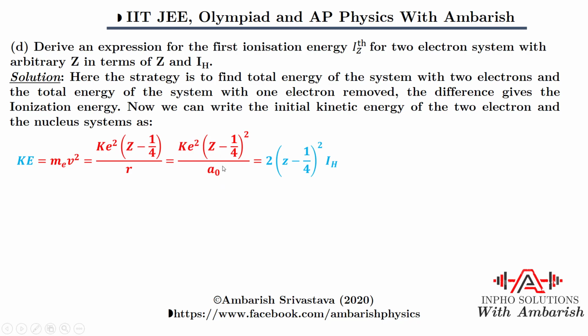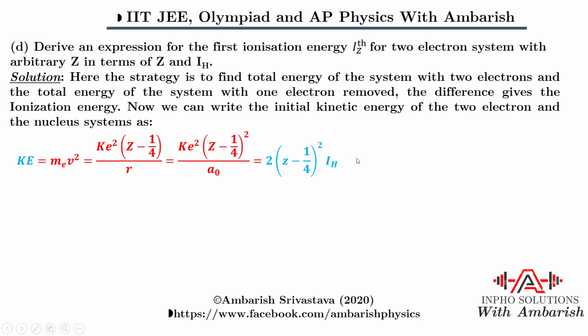This can be expressed in terms of the ionization energy of the hydrogen atom. k e square by a naught is twice the ionization energy of hydrogen atom, because in the first part, part a, we got k e square by 2 a naught as the ionization energy, so it's double of that. So this is the kinetic energy expressed in terms of the ionization energy of the hydrogen atom.